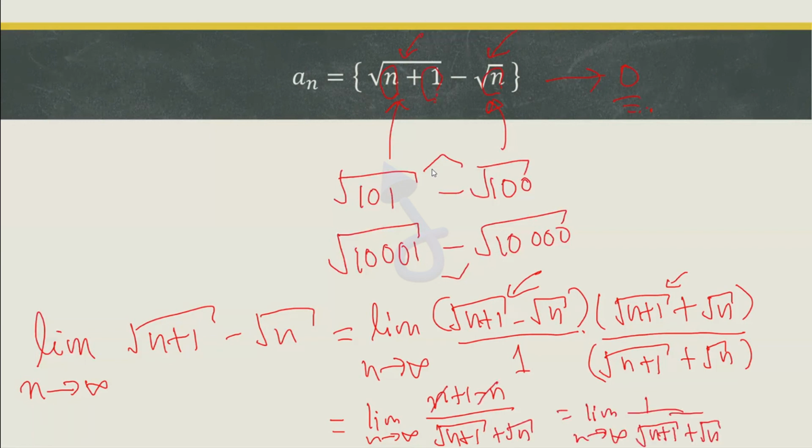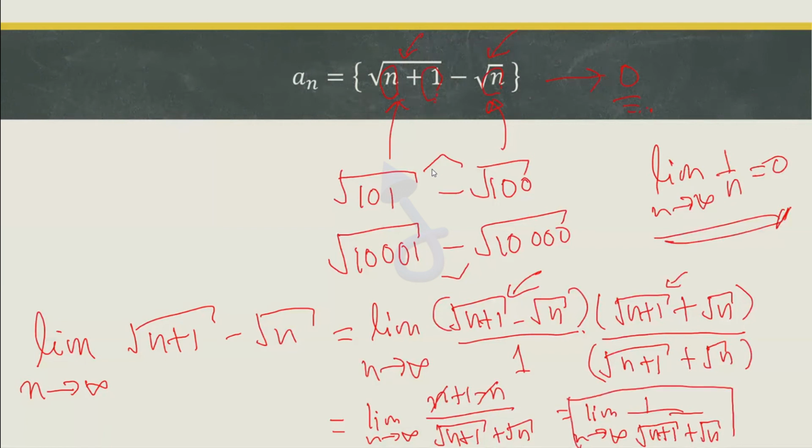Intuitively, we can see that as n approaches infinity, the denominator becomes very, very big. And in the same way that we reasoned that the limit as n approaches infinity of 1 over n equals 0, we can also reason that this limit also is 0. And so this is our answer for this problem.